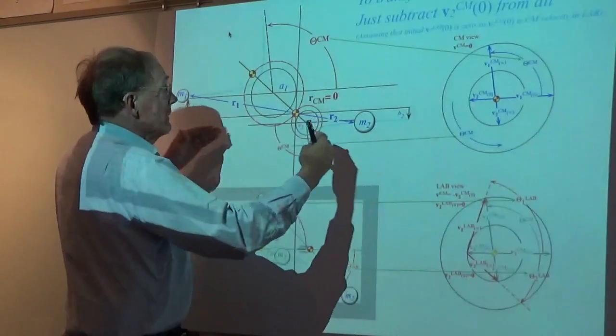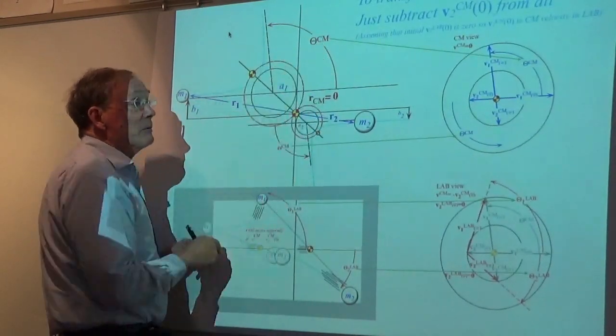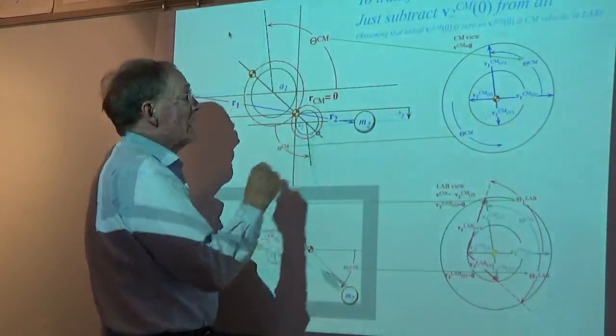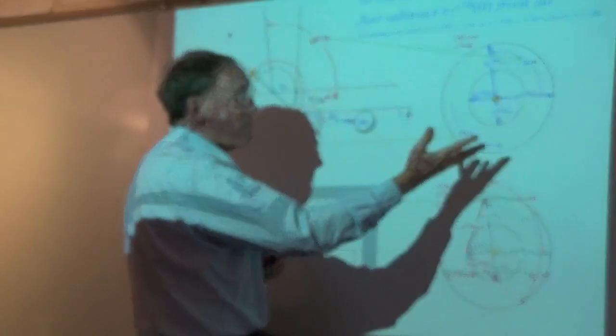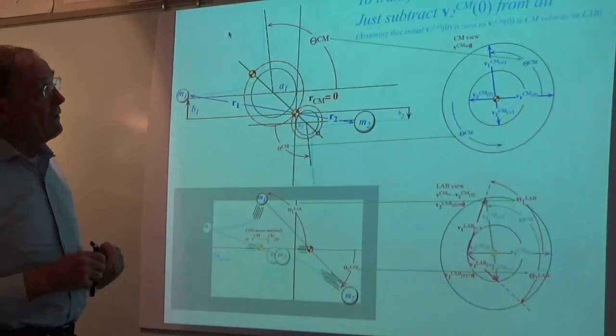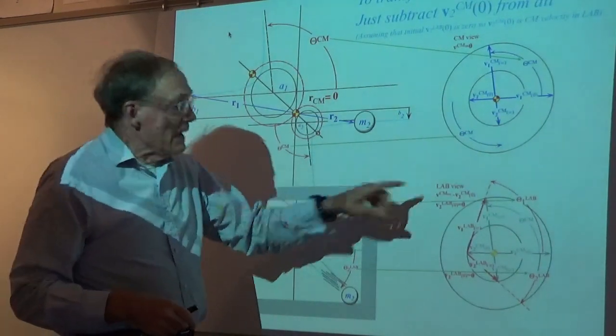And when the scattering occurs, there'll be a scattering angle in the center of momentum, which we'll record on a graph like this that just plots the velocities. And this is plotting the positions, you see. So then, it's really no problem at all to get to the laboratory view.